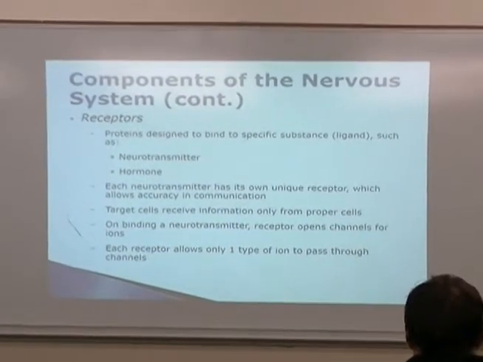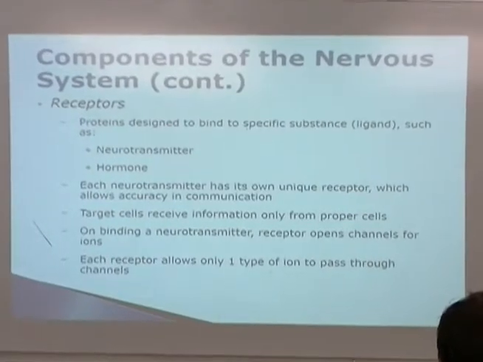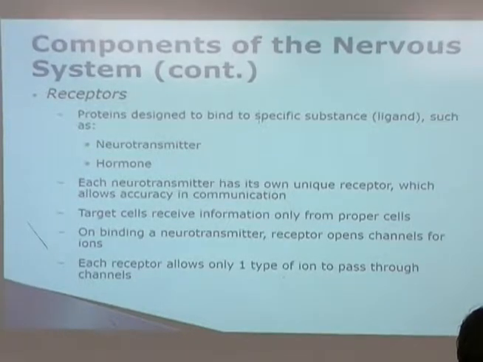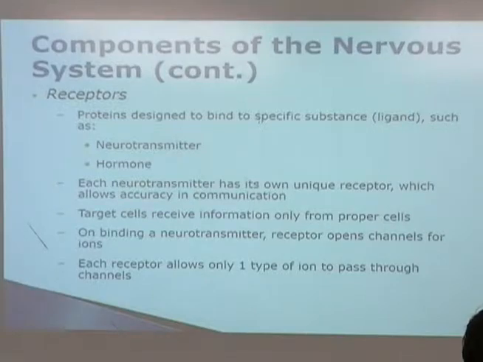So when the chemical swims across the synapse, it has to bind to the receptor site. The receptor site is made up of protein, and they're very specific. So a particular chemical can't just attach to any receptor site that's over there. It has to be a particular one.